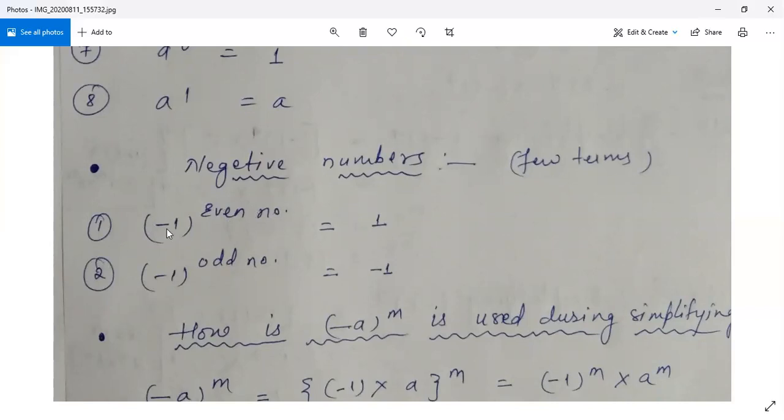Okay, for example, if you multiply -1 two times, that means -1 into -1, and minus into minus will be positive. If you multiply -1 two times, you will get 1.